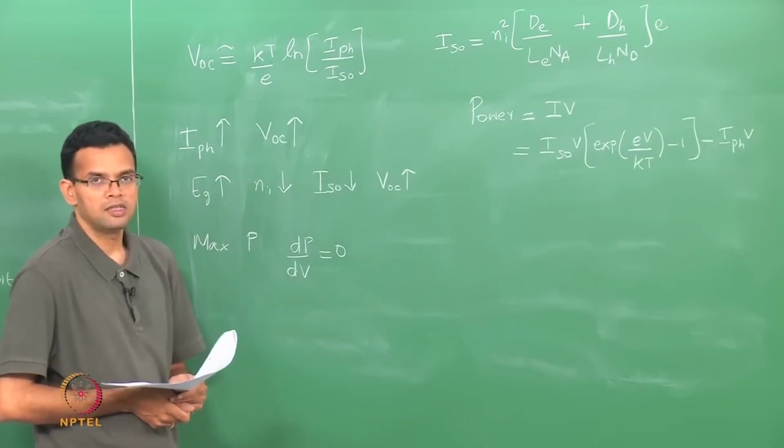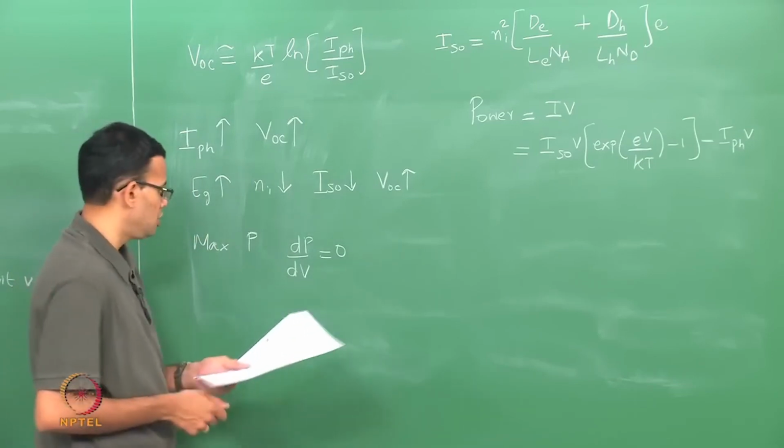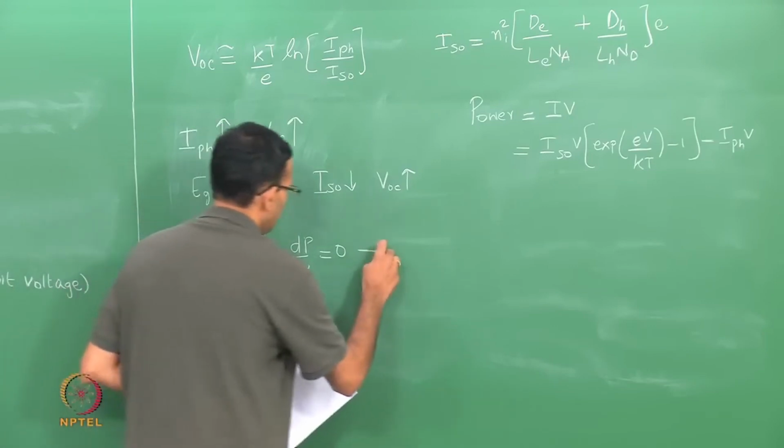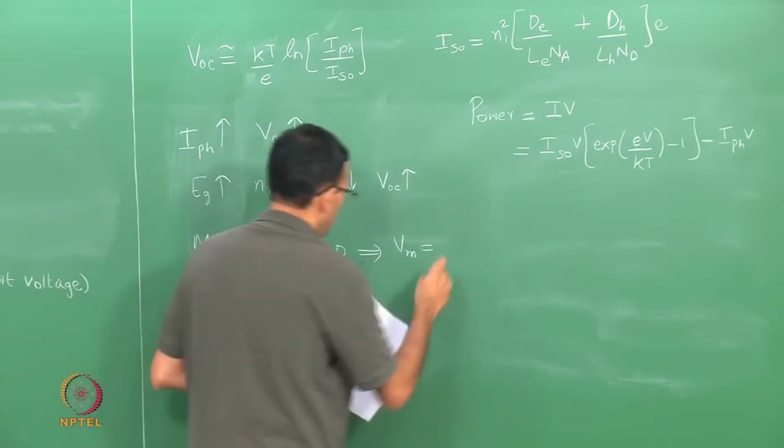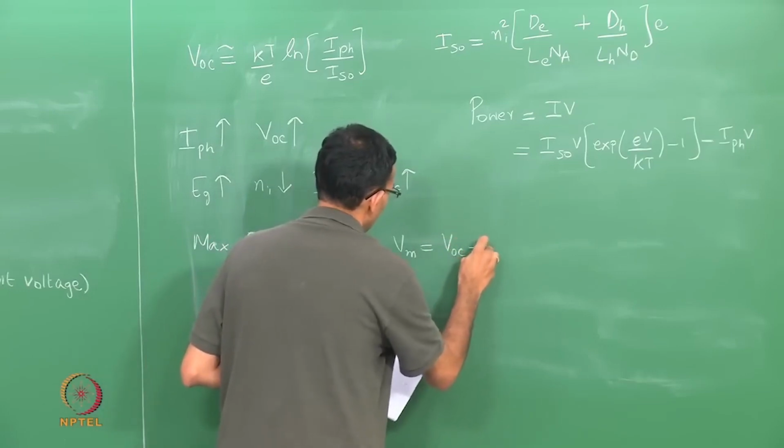So, we are just differentiating this expression. So, in that case, the corresponding voltage is Vm, and we can write a recursive relationship that relates Vm to VOC.